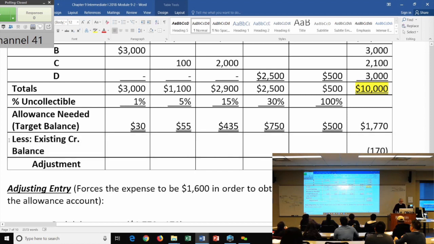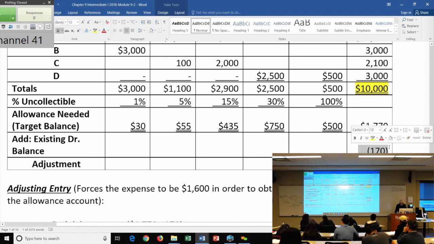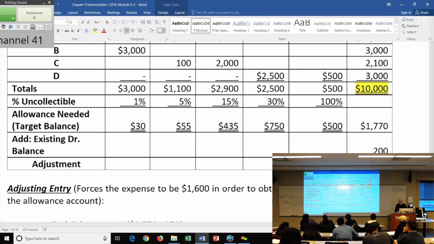So instead of having this as less, and I'm going to put that back so I make sure I don't change it too much, I would add an existing debit balance now. And that would be adding 200. And this would be 1970. So now, by changing the assumption, my adjustment's 1970.